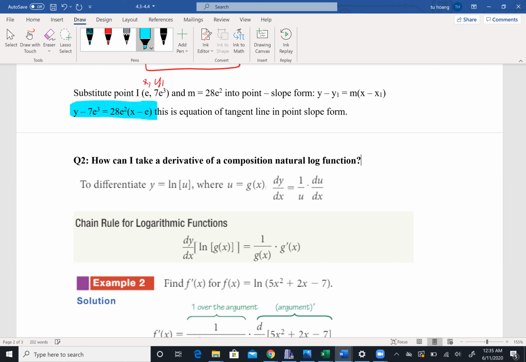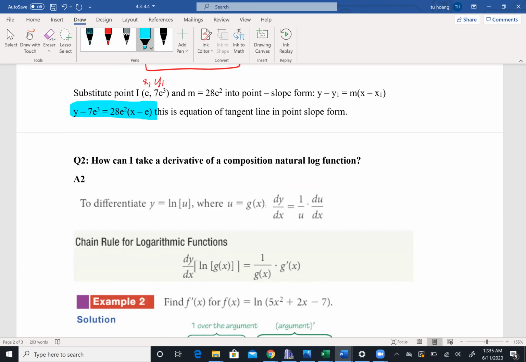So the answer is you need to use the chain rule for the log function.